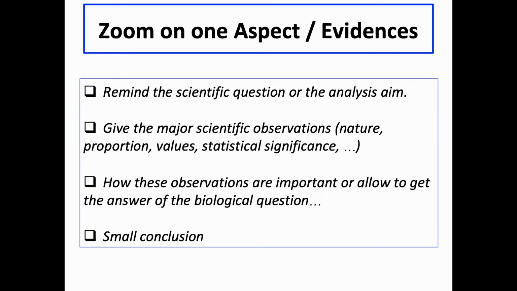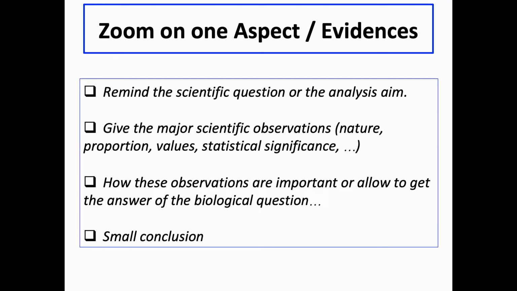If you are making, like, taxonomic diversity of your homologs, giving the major scientific observation, it's giving the 3 or 5 main taxonomic clades with higher homologs. That is the proportion. It's about 50% compared to the total.